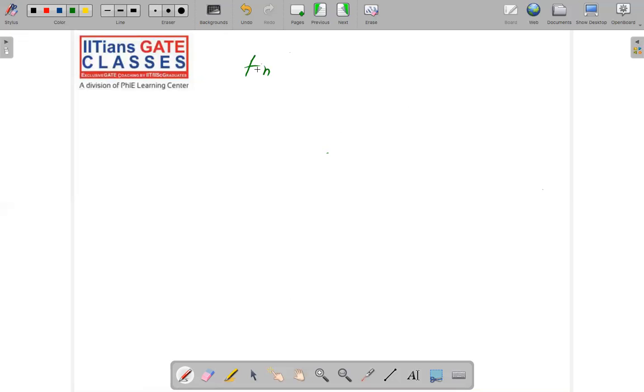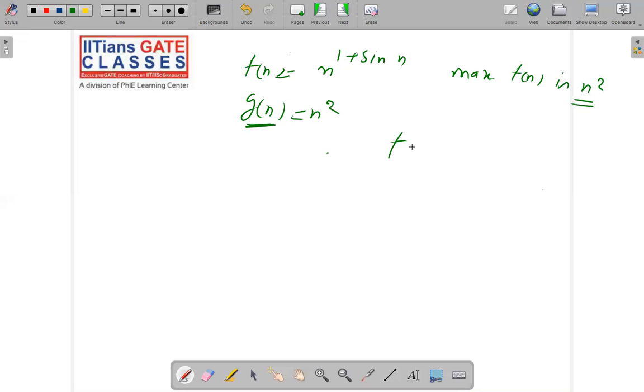So if you say that Fn equal to 1 plus sin n, then Gn is equal to n square. The maximum value of Fn is n square. It cannot go beyond Gn. So we can say that Fn equal to big O of Gn.